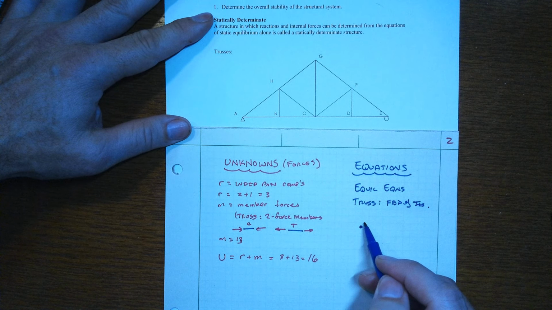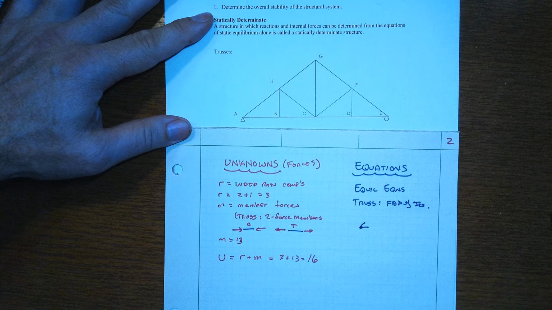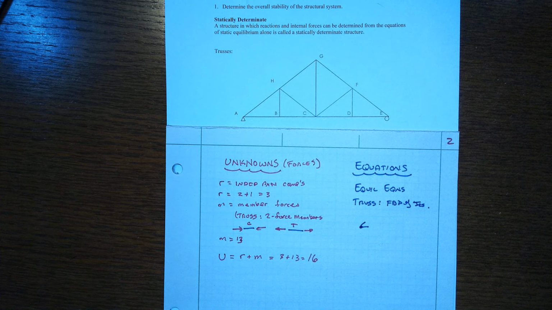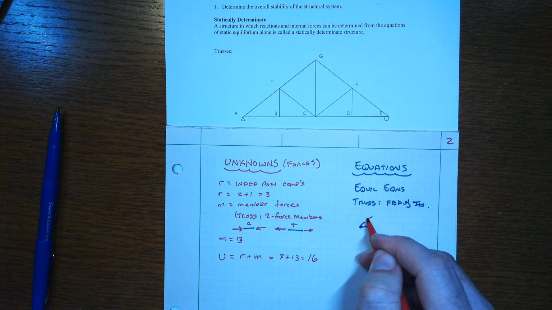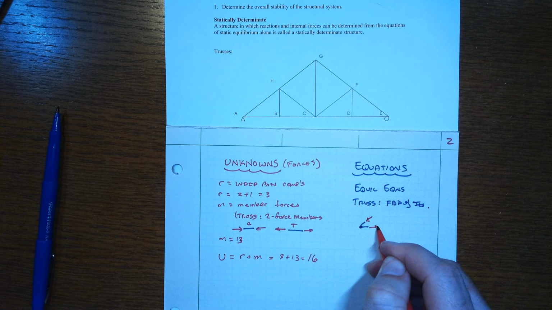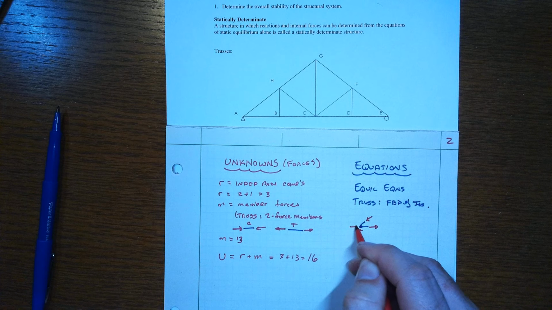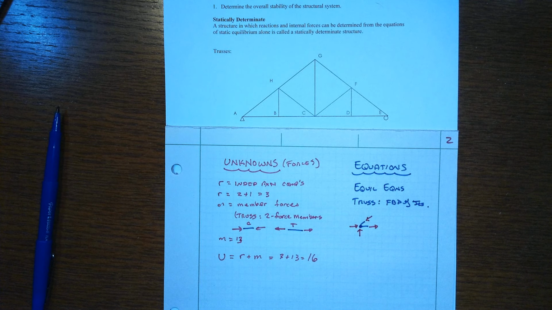So when we draw the little stubs of the members that come in, we're not going to have any shear or bending moment associated with those members. We're only going to have compressive or tensile forces, and any potential reactions and applied forces at that joint.